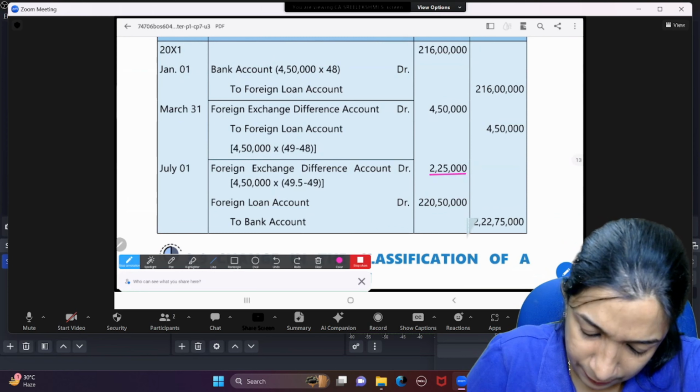The settlement is to be made on 5th April 2024. What are the journal entries to be passed in the normal course? If it was Indian rupee, what are the journal entries that you will be passing?